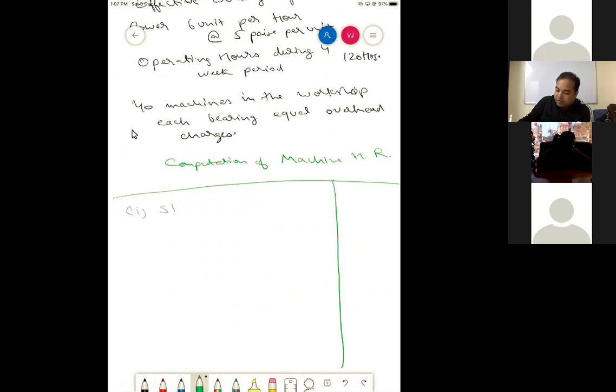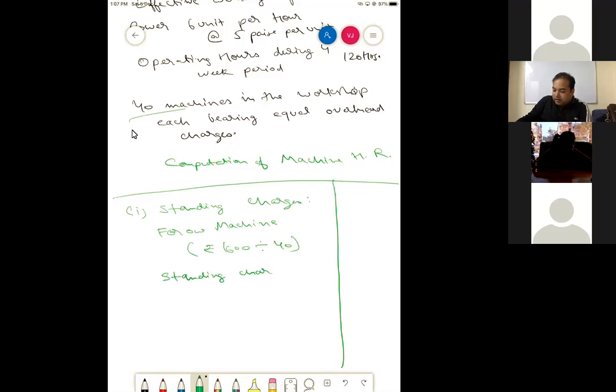First, what we will compute? We will compute standing charges in this for one machine. The standing charges, that is 1600 divided by how many machines are there? 40 machines. So standing charges, now you have to calculate, that is 40.